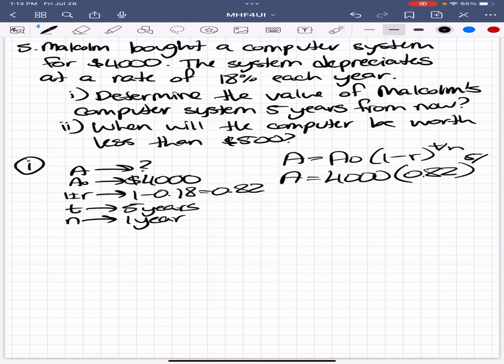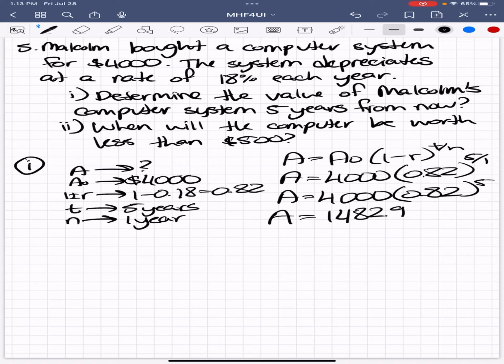So t is 5 and n is 1. If we plug this into our calculator, we should get 1,482.959373. Because it is money, we're going to go to the second decimal place.